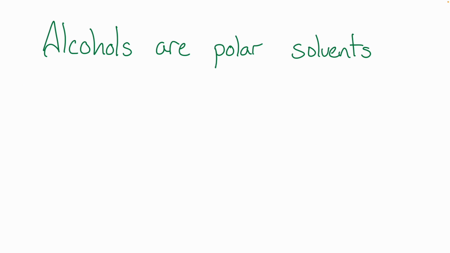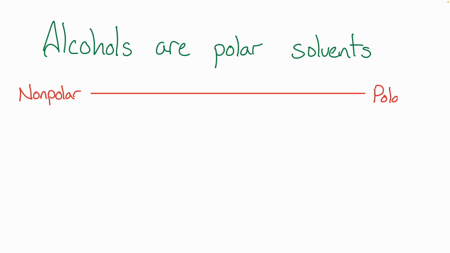When you're first introduced to this idea of polarity, all of the world is divided neatly into polar and non-polar, this black and white way of looking at the world, when in fact we want to think of things as being more on a spectrum from the non-polar end to polar.